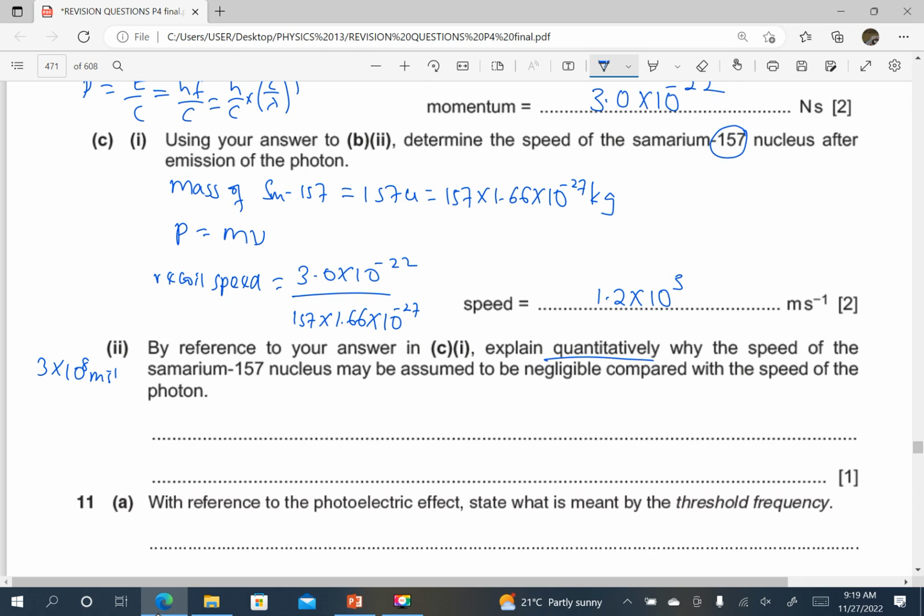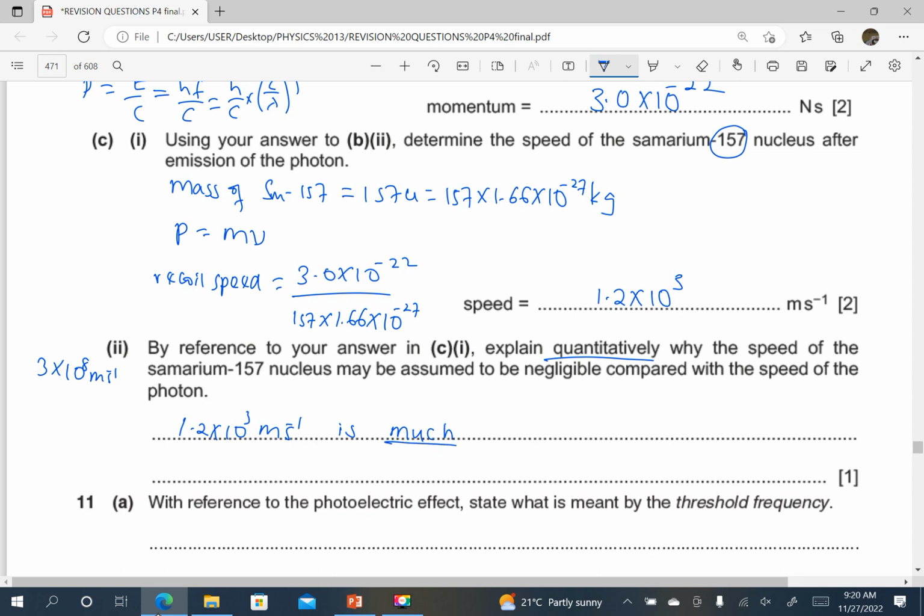So you notice that the speed was 1.2 times 10 power 3 meters per second. This one is much smaller, this is very important.